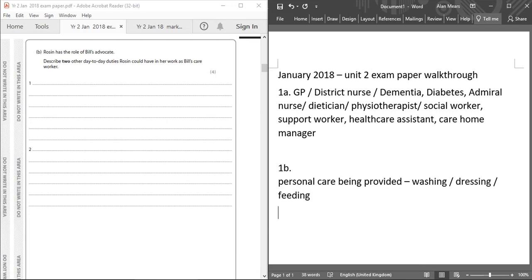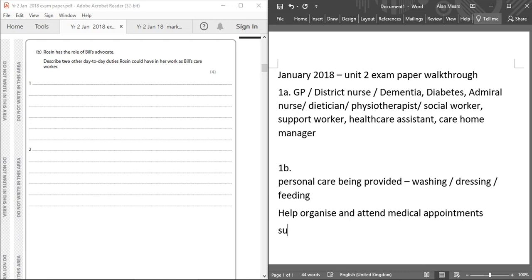Rasheen is going to help organise and attend medical appointments. Again, another role of Rasheen is to be helping him attend and organise his medical health checks.